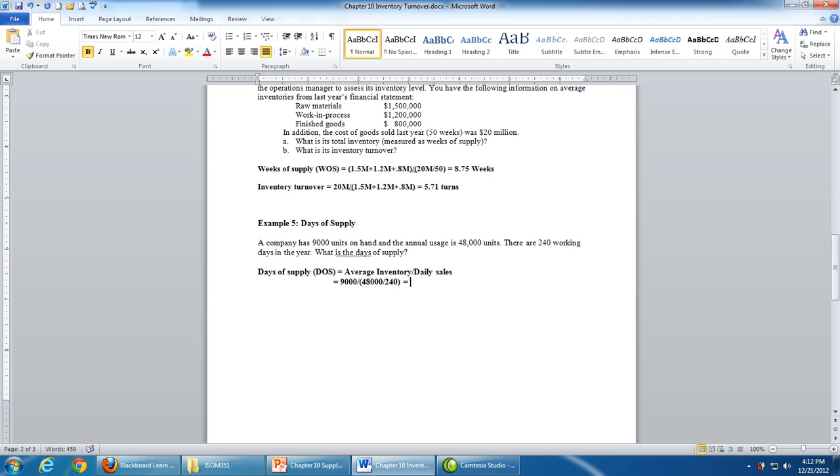So the outcome will be about 45 days. So it takes about 45 days for this inventory to last, which is not a very good inventory status.